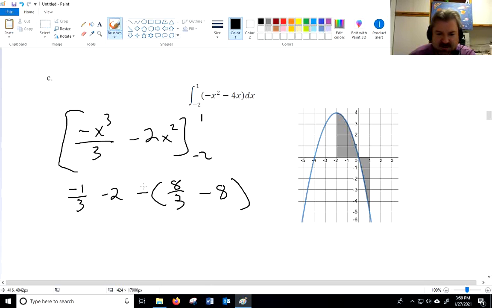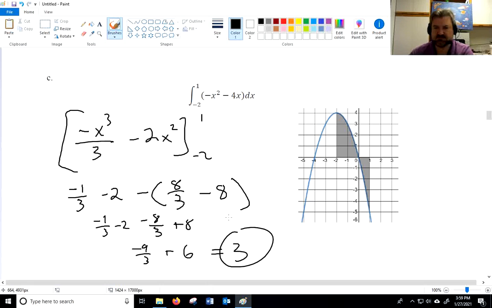So let's see here. Negative 1/3 minus 2. I just like to go ahead and actually distribute that when there's a fraction and a whole number. So 8 and 2 will make 6. Negative 1/3, negative 8/3, and negative 9/3. Oh, how convenient. So that's a negative 3 plus 6 is 3. So that's our area of 3.